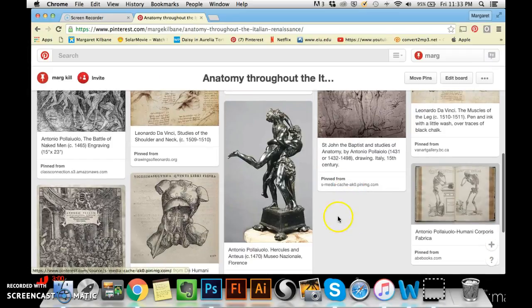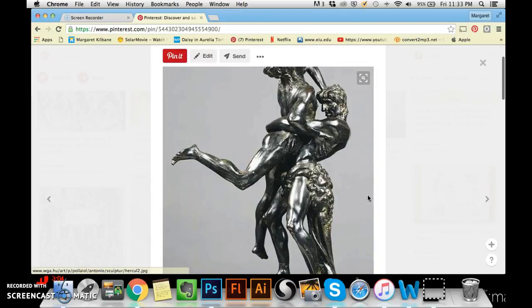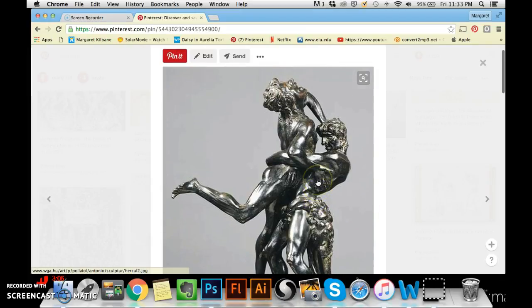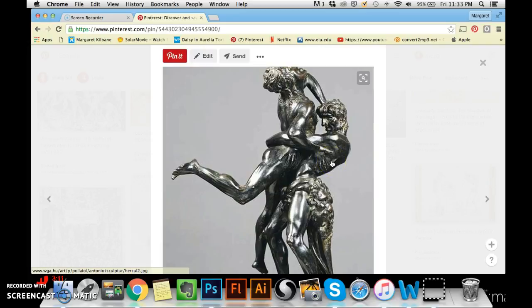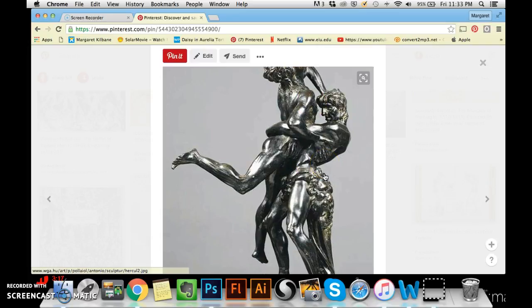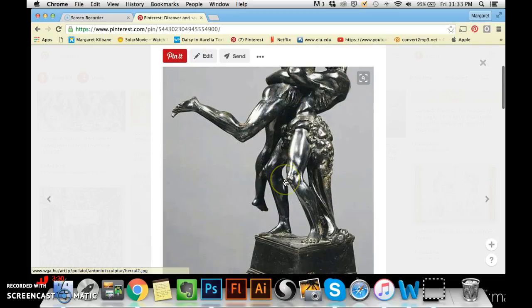Another one of his works he did is this sculpture, which is based on Greek mythology, which shows right here Hercules fighting the giant Antaeus. And this one I think is one of the most important because it shows the human body in dynamic action, which is incredible because it shows all the tensing of the muscles and the muscle groups.